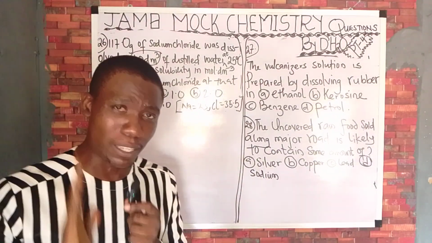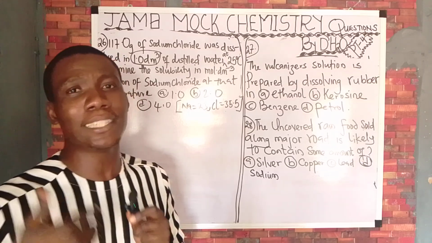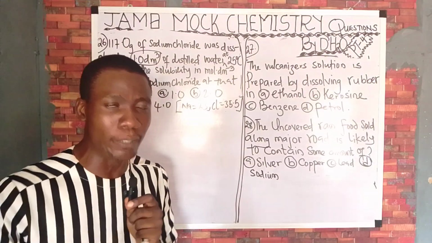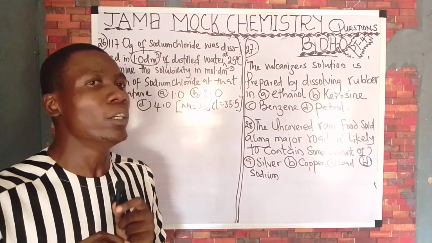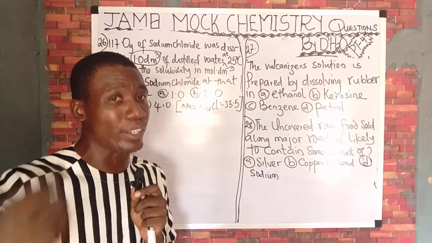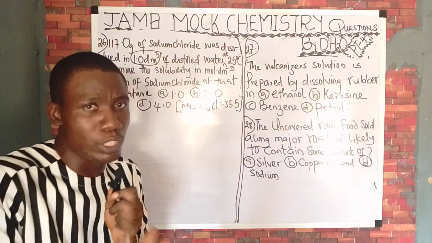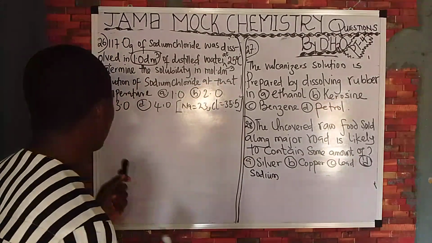This question is very specific because we can determine the solubility of a compound in mole per dm³ or in gram per dm³, and I'm going to give you the two different formulas.